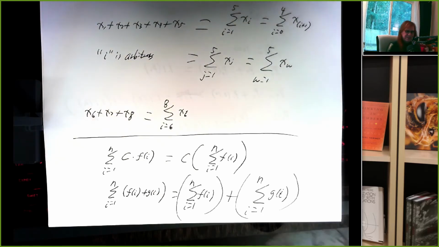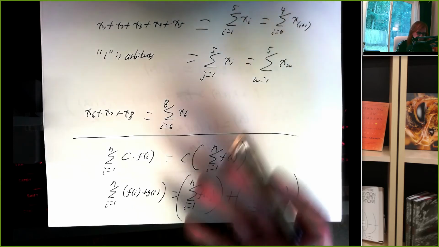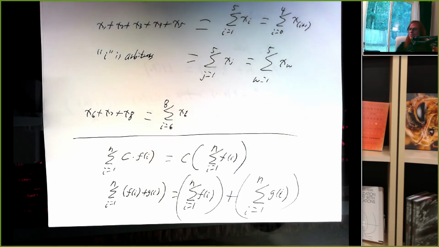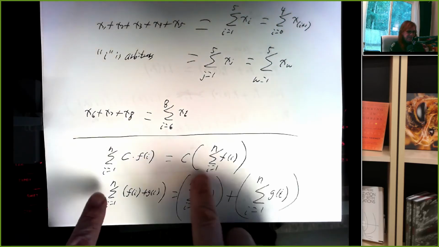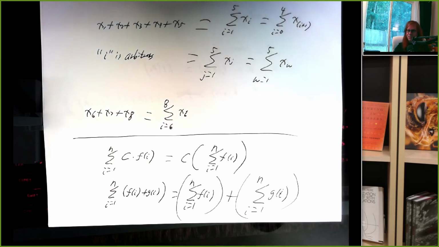And so this is definitely calculus flashback time, right? These are properties that we have for Riemann sums. If you want to take the integral of some constant times a function, you can pull that constant outside the integral sign. This is why. If you want the integral of the sum of two functions, you can integrate them separately and add those together. This is why.